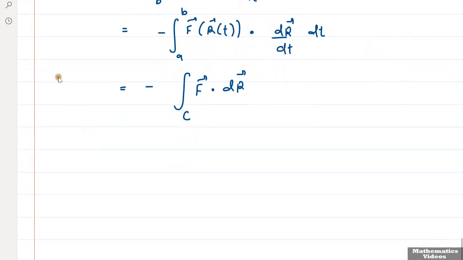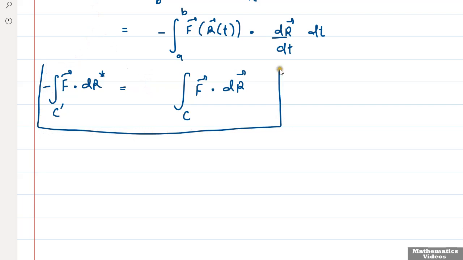So we have proved that the line integral over the curve C prime of f is equal to the negative times the line integral of f over the curve C. This minus sign can be shifted to the left hand side so that we have this statement. So we have shown that on reversing the direction of the curve C, the sign of the line integral changes. This was what we needed to prove, and we are done.